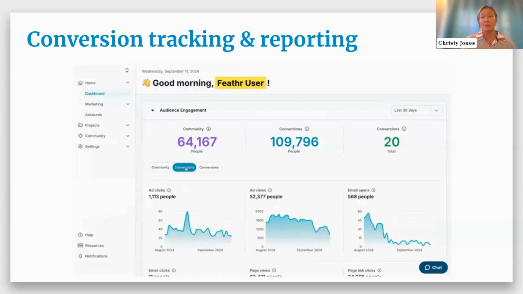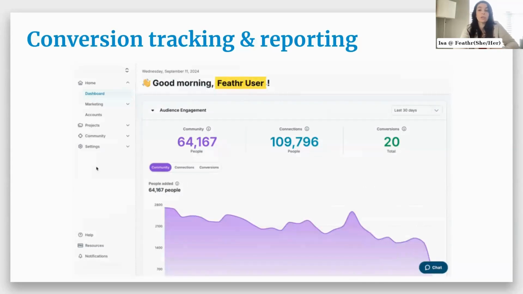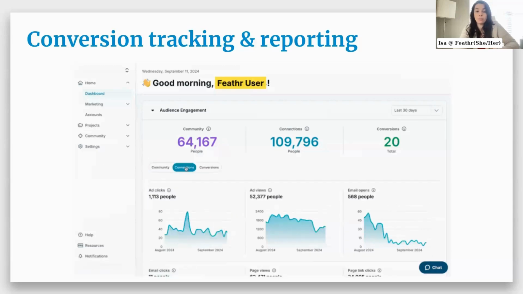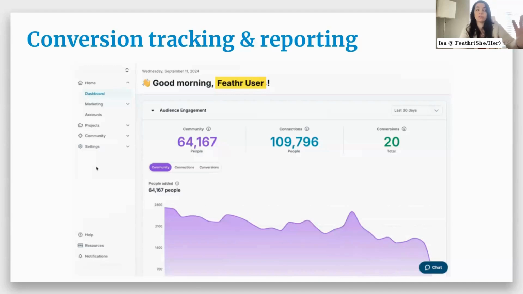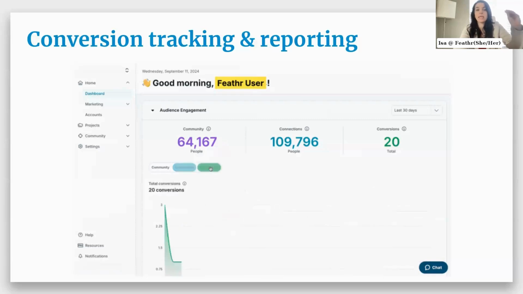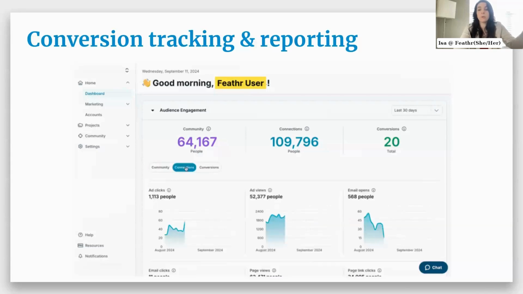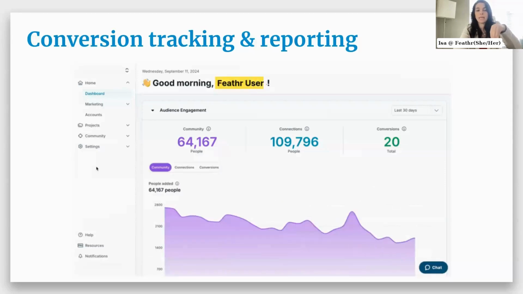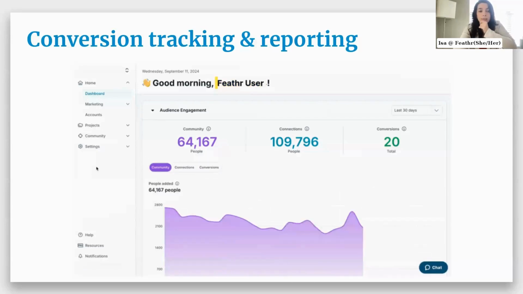But generally, if you're using a third-party platform to bring in donations, or a membership tool, where you're getting the signups in a separate place than your website, you can add the Feathr tracking pixel to those web properties to track conversions, pull that data into Feathr and see it alongside all of your campaigns. So yes, in a lot of cases, you can track those conversions from those third-party tools.